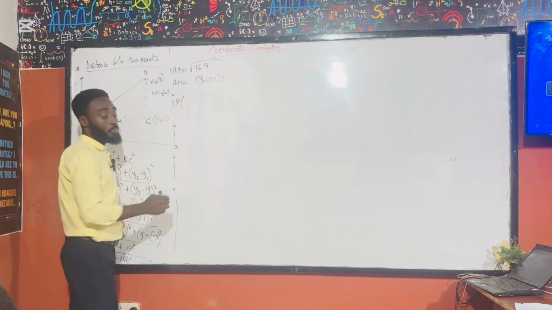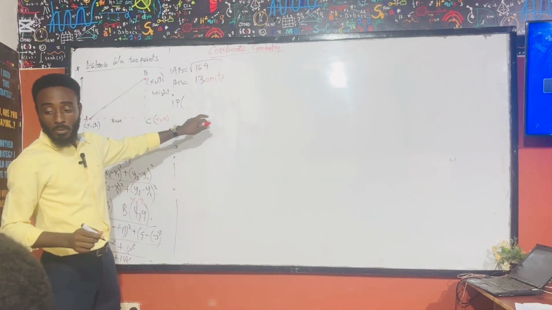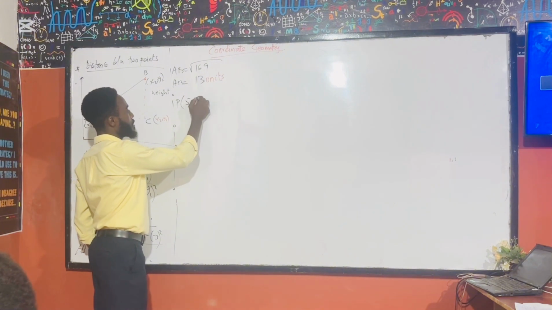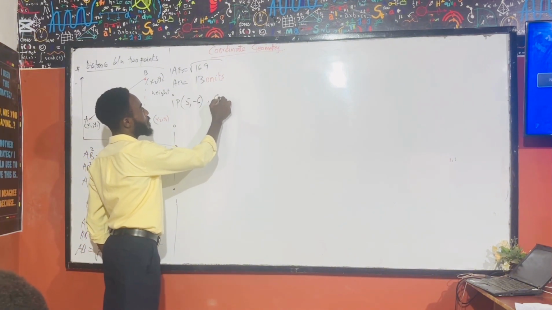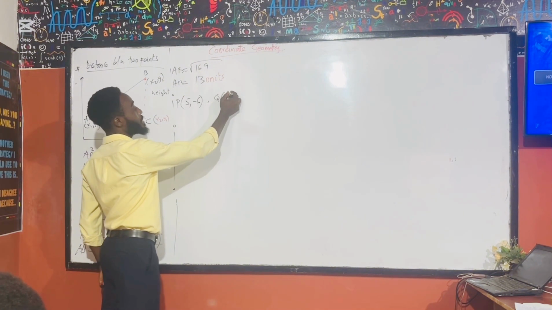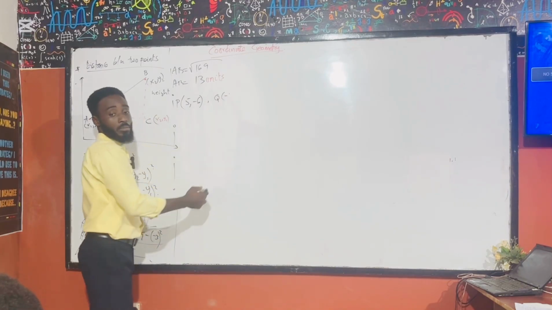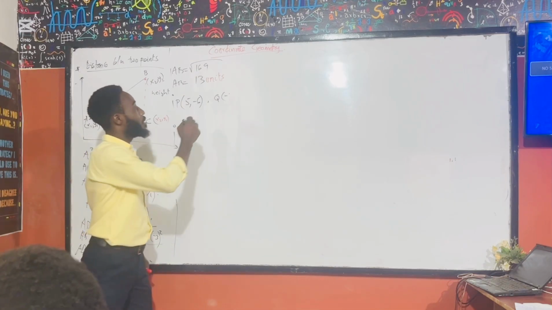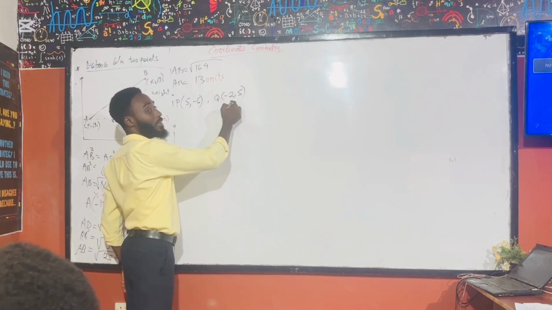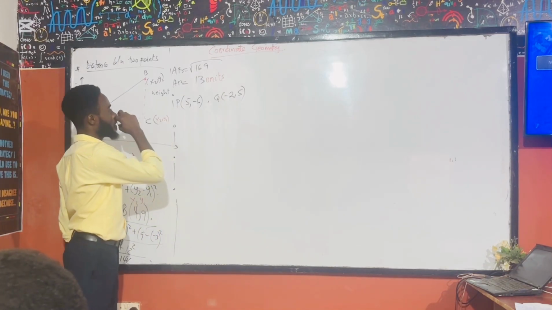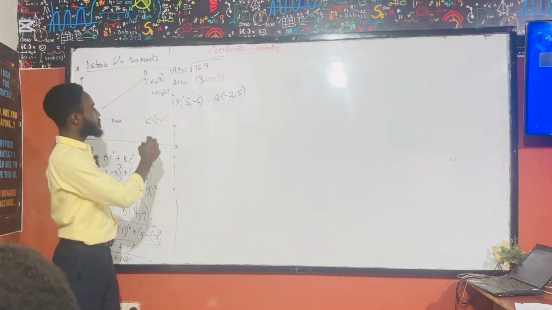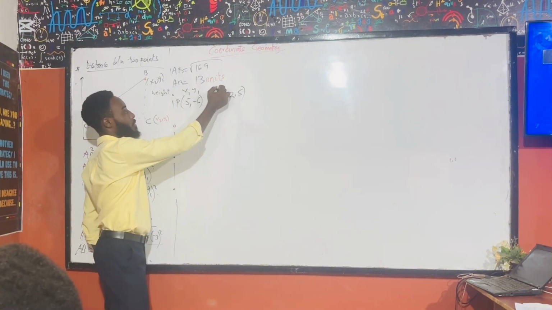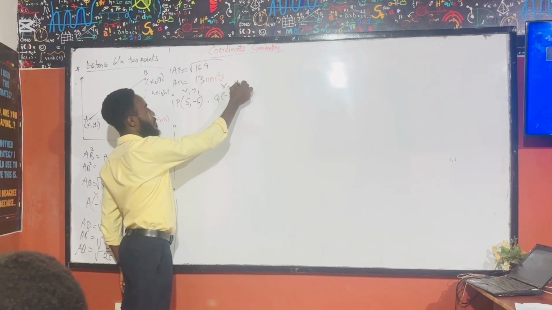The coordinates again. P is 5, minus 6, and Q is minus 2, 5. All right. So x1, y1, x2, y2.